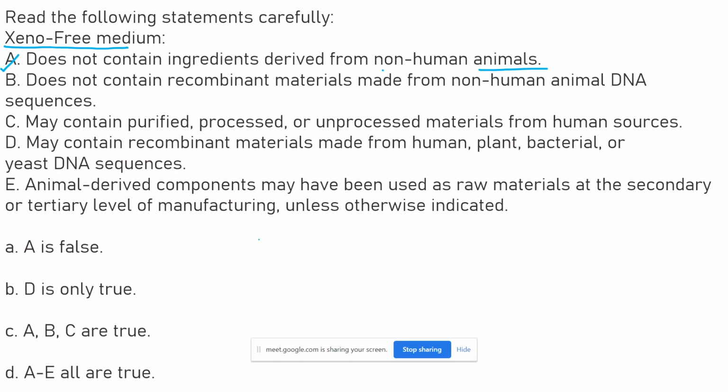Like for example, in cell culture, the most commonly used serum is bovine serum, right? Bovine serum or horse serum. So these are the commonly used sera in cell culture media.